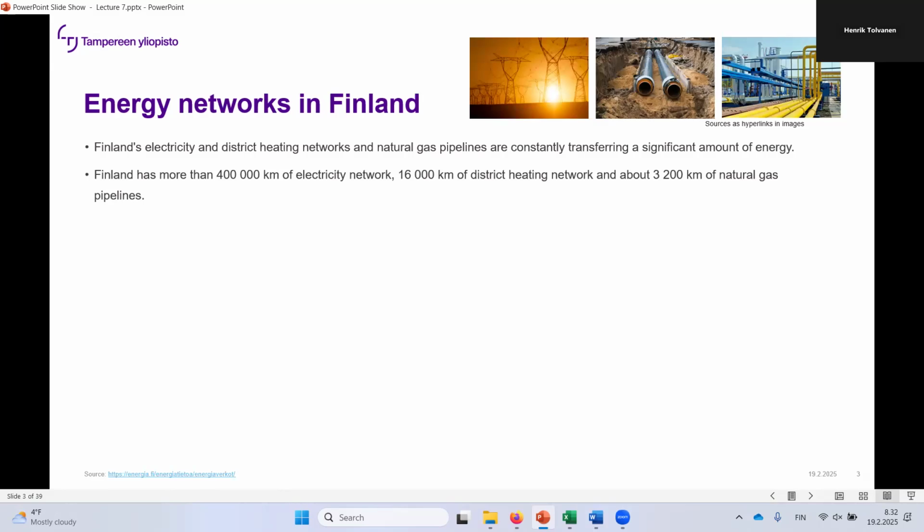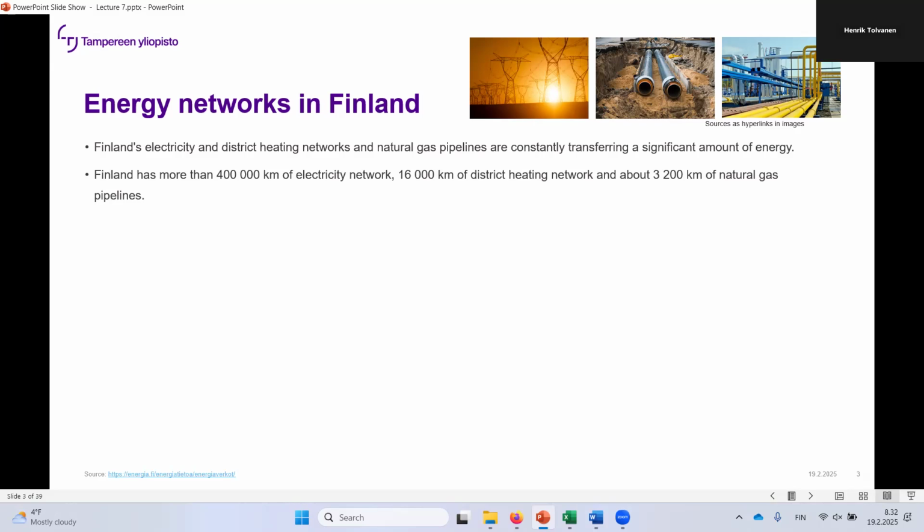So the energy networks in Finland: we have electricity, district heating, and natural gas pipelines, and they are constantly transferring a significant amount of energy.